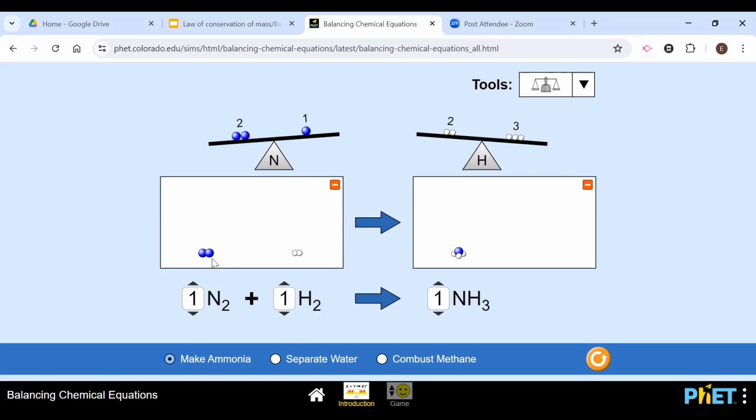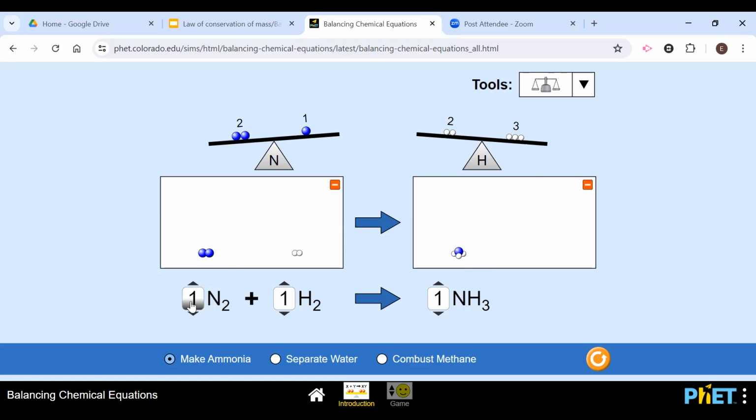Here, we are given nitrogen. You see it's bonded, that's why there are two atoms there. And hydrogen, there are two atoms here. Then NH3, there's one nitrogen and 3 hydrogen atoms, right? Now, when we are balancing a chemical equation, there's one thing we must know.